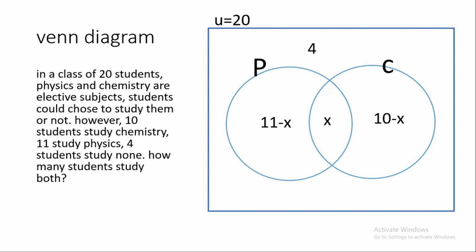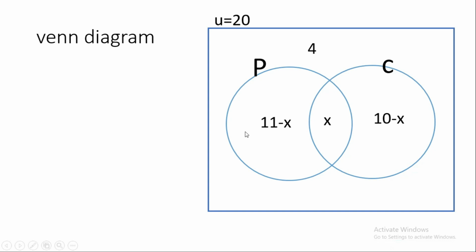That way we can know those that study purely physics, those that study both, and those that study purely chemistry. Now since we know this, when we add up everything in this set, it should give us 20, which is the total number of students in that class.